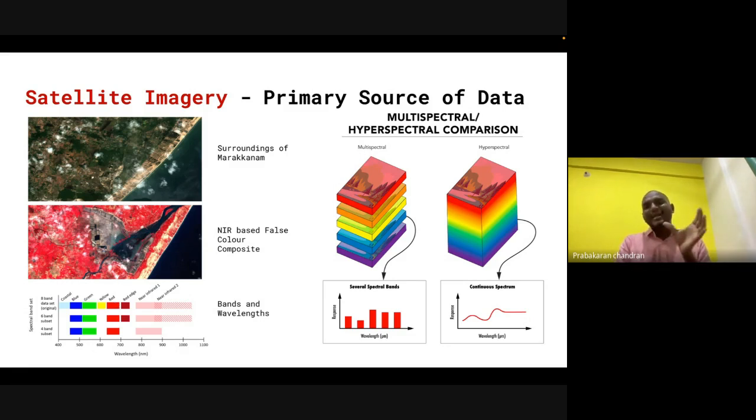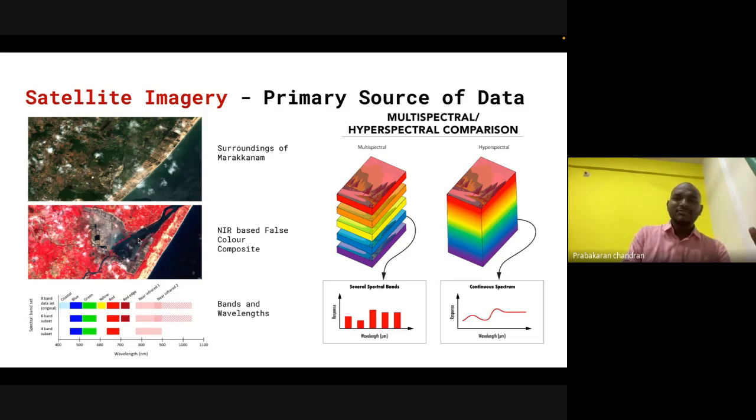So this is the data we are actually collecting through satellite imagery, and this particular data will be used for, because if you just see this and this, here we could clearly see the water bodies, right?